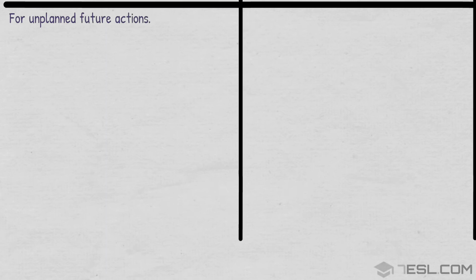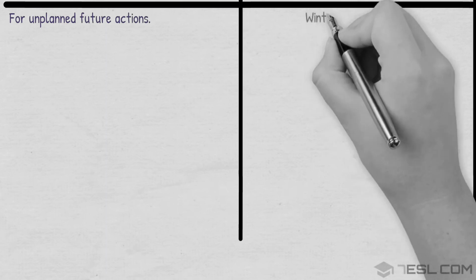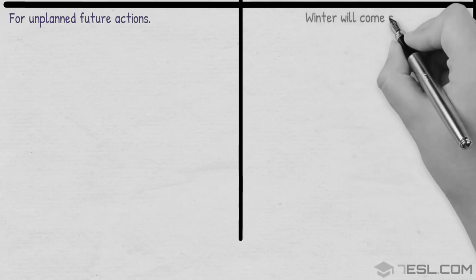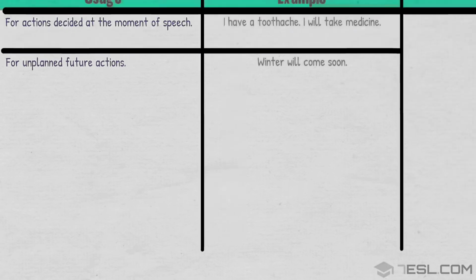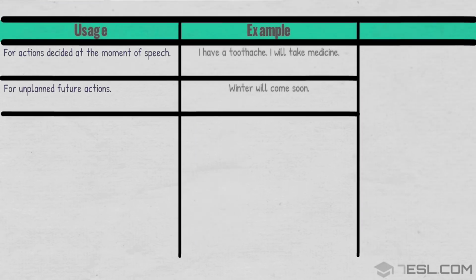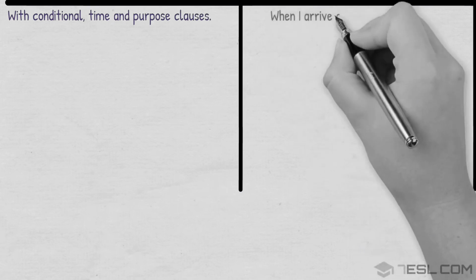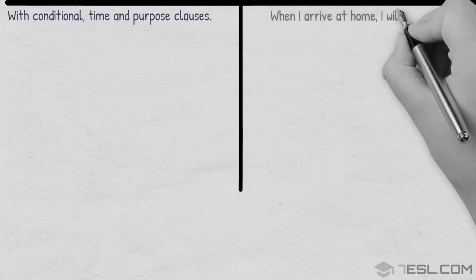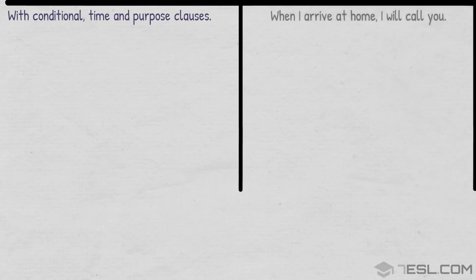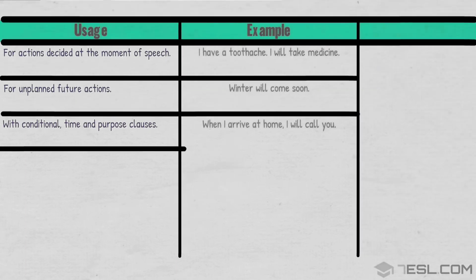For unplanned future actions. Winter will come soon. With conditional time and purpose clauses. When I arrive at home, I will call you.